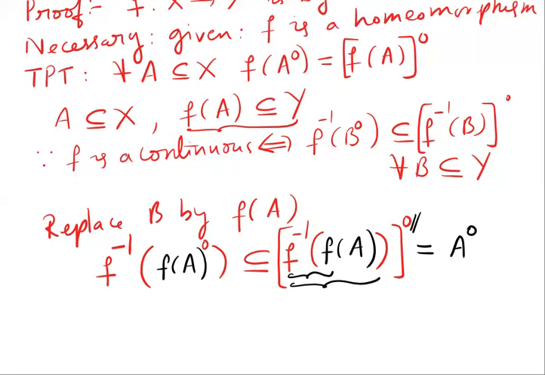Why are these two equal? Why is this whole thing equal to this A? Because f is 1-1. Remember, whenever f is 1-1, f inverse f of A is equal to A. Equality holds. Right?